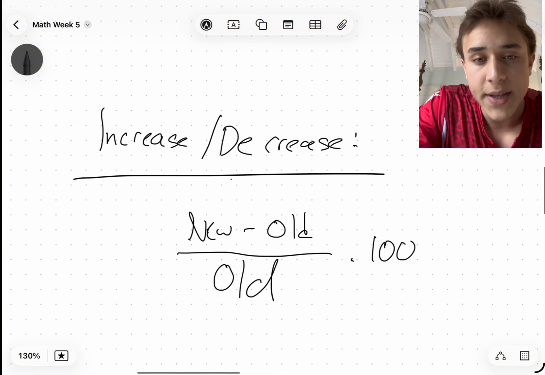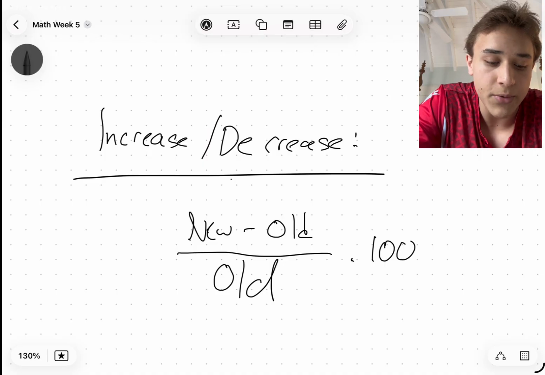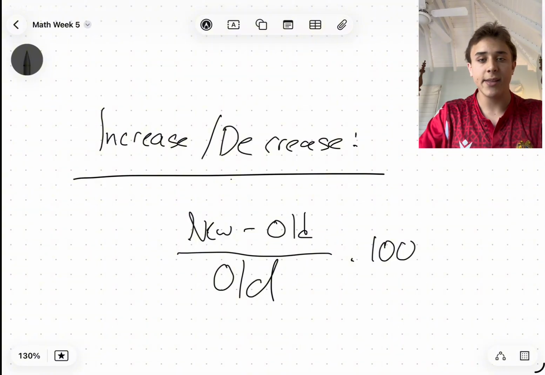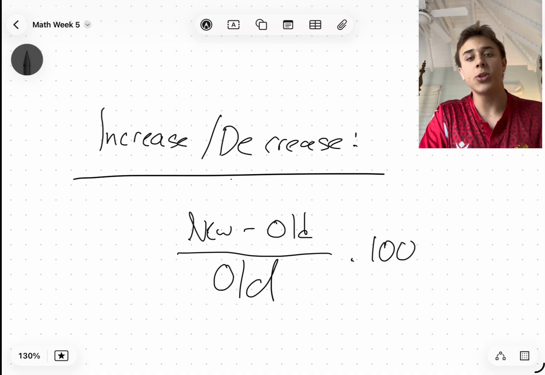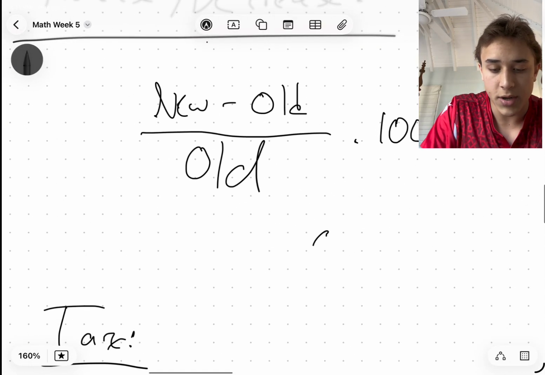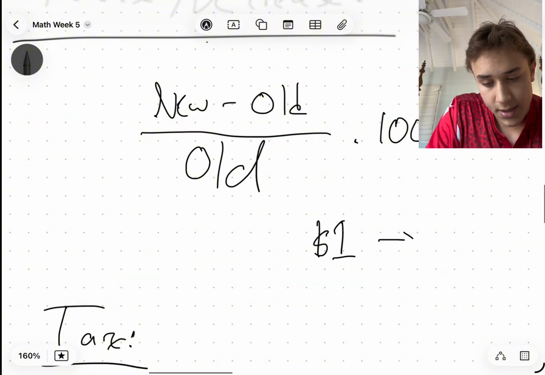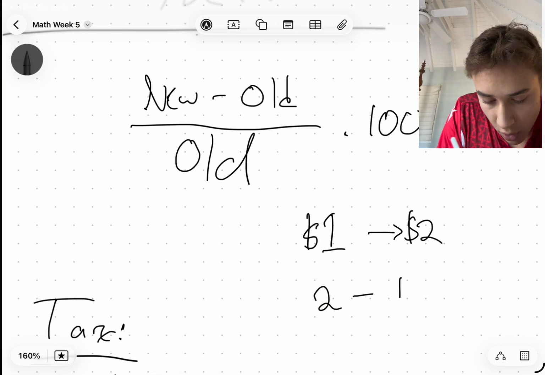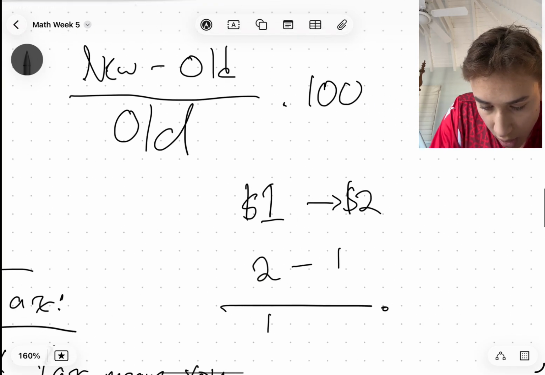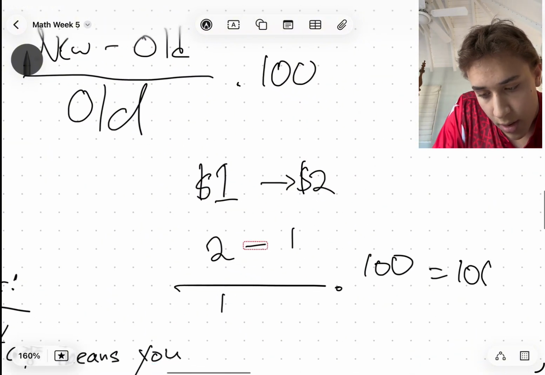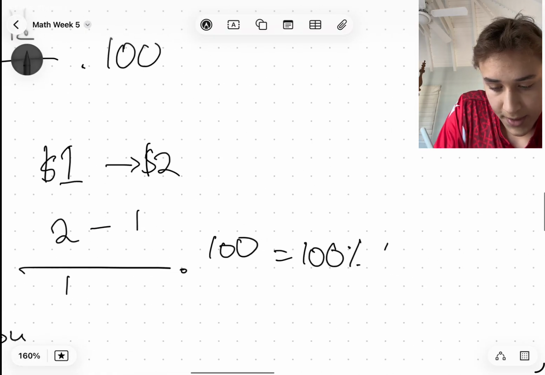There's a way to calculate percentage increase or decrease. If a value goes from something to something else, the way to calculate the percent increase is to take their difference, divide it by the initial value, and multiply that by 100. For example, if something goes from being priced at $1 to being priced at $2, that's a 100% increase, because (2 minus 1) over 1 times 100 is just 1 times 100, which is a 100% increase.